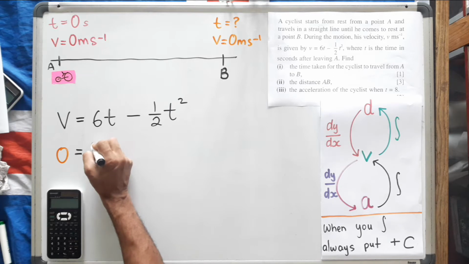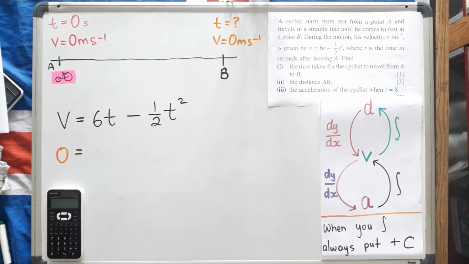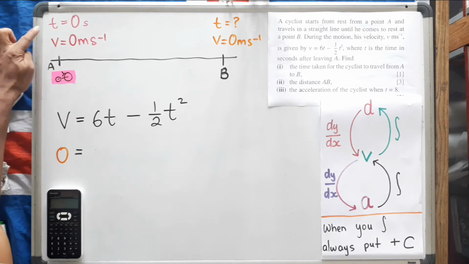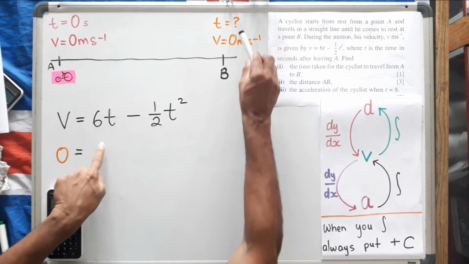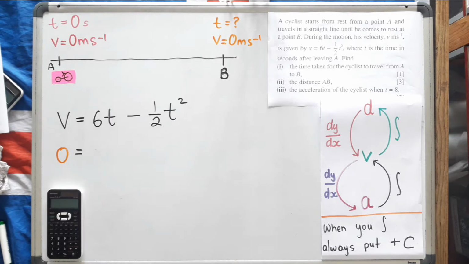Now, when I solve for t, I'm supposed to get two values. One of the values is supposed to be t equal to 0, because when t is equal to 0, the velocity is equal to 0. But there should be another value of t that will make my velocity equal to 0.